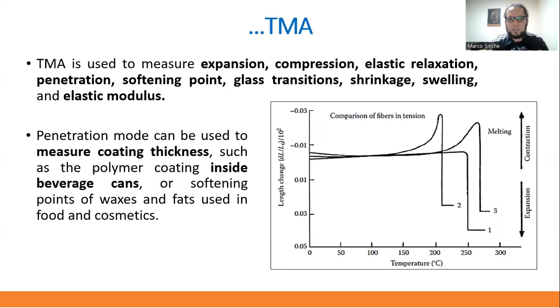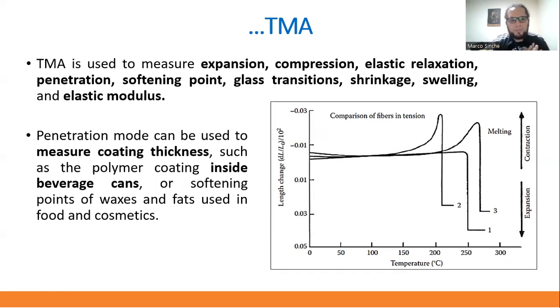What are the properties that could be understood through this technique? For example, expansion, compression, elastic relaxation, glass transitions, shrinkage, swelling, and others. As we previously said, these are characteristics of each type of material.